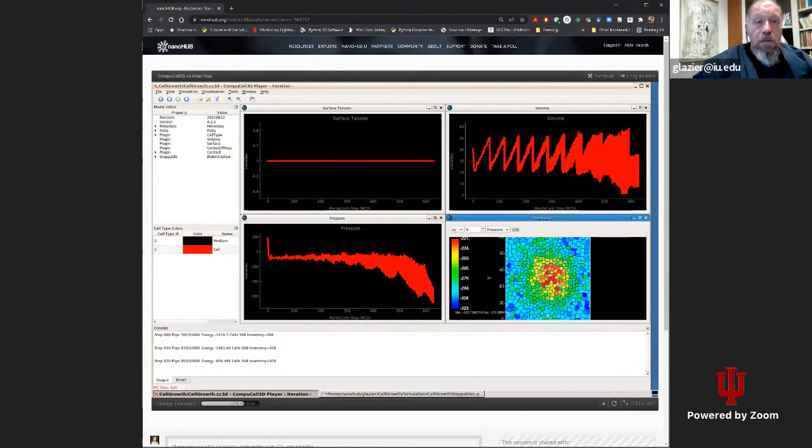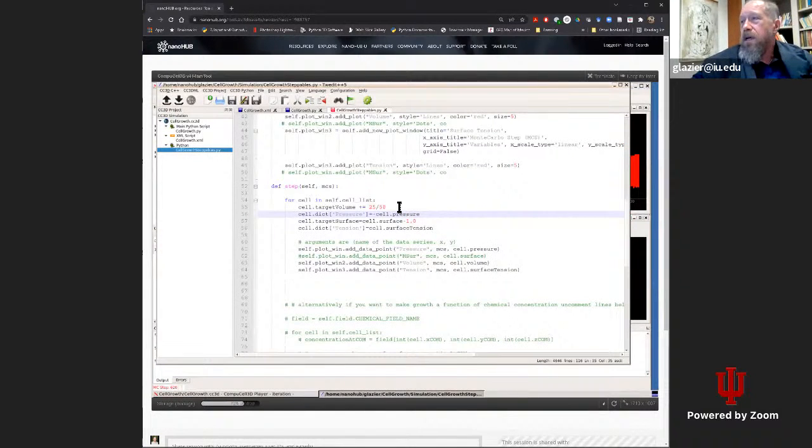I'm going to flip the sign. 50, reading it off of here. And I'm going to say that my volume was my half voxel per Monte Carlo step times 50 minus the pressure, but that's negative. So it's going to be minus minus is plus cell dot pressure.